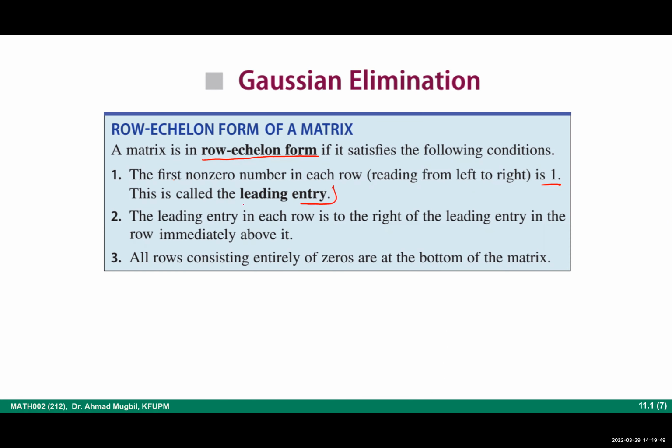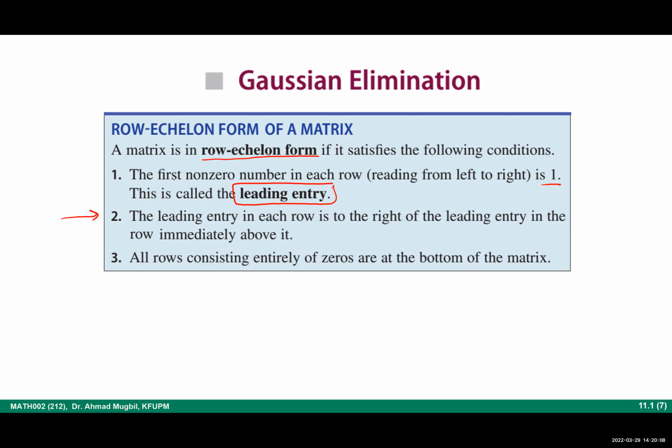By the way, we call the entries that we have there the leading entries. So this means that the leading entries should be what? Ones. 1, 1, 1, 1, 1. These are the leading entries. What is the leading entry? It is the number after the zeros.